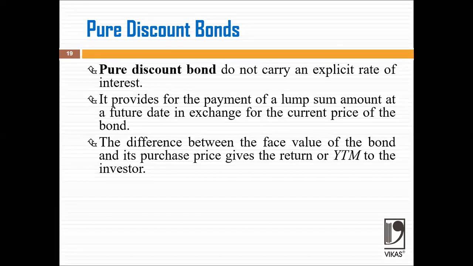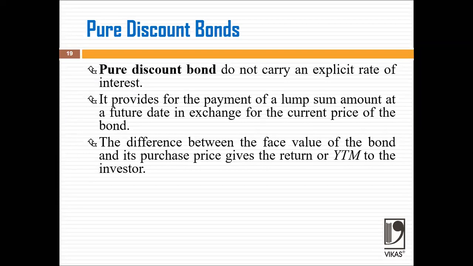Right? Pure discount bonds do not carry an explicit rate of interest. It doesn't have a coupon rate. It provides for the payment of a lump sum amount at a future date in exchange for the current price of the bond. Today you can buy the bond at the market price and keep the bond for, say, 10 years, its maturity period.